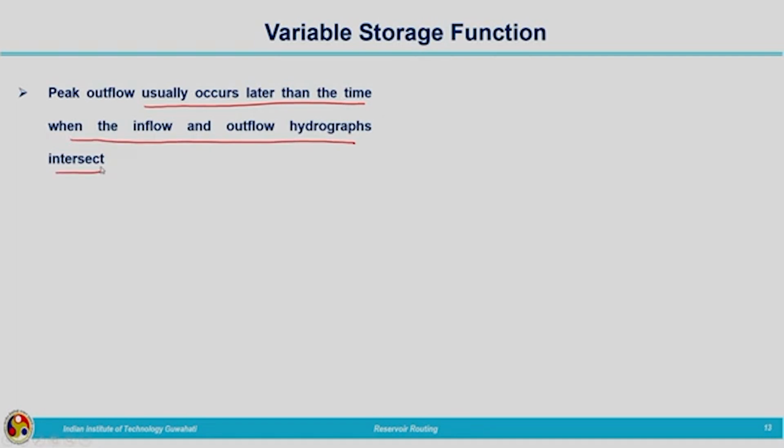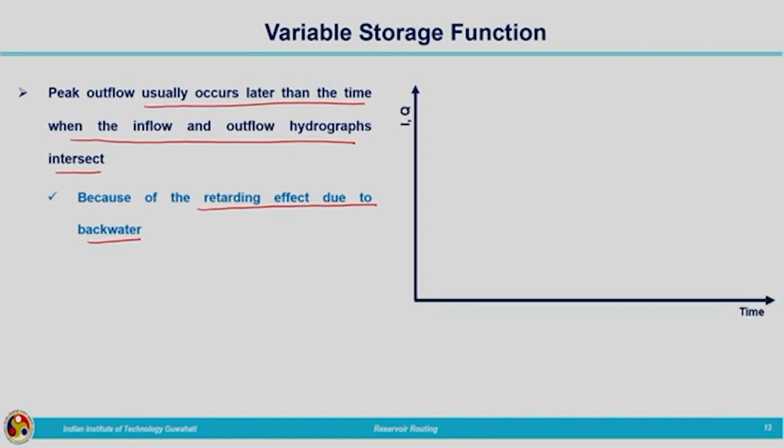In the case of the invariable storage function, we saw from the figure a clear meeting point, representing the maximum storage and also the peak outflow. But in this case, it is not like that; both are different. This is because of the retarding effect of the backwater. Because of that, the maximum storage will not coincide with the peak of the outflow hydrograph.